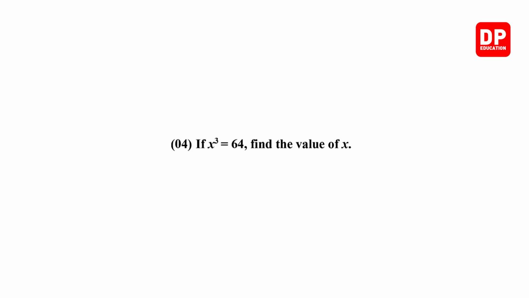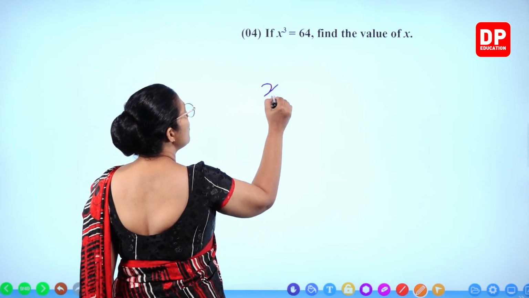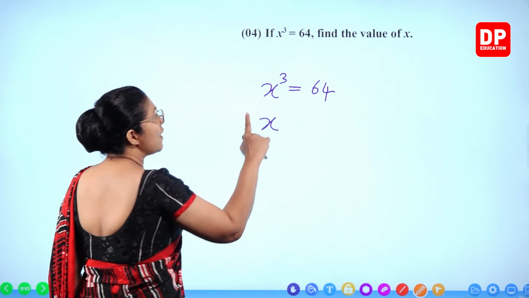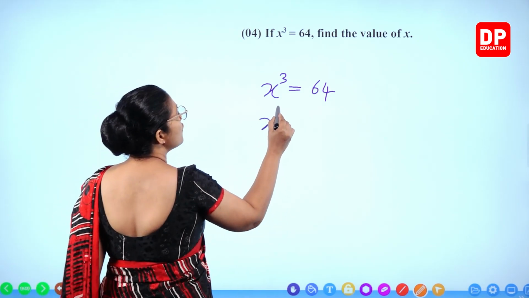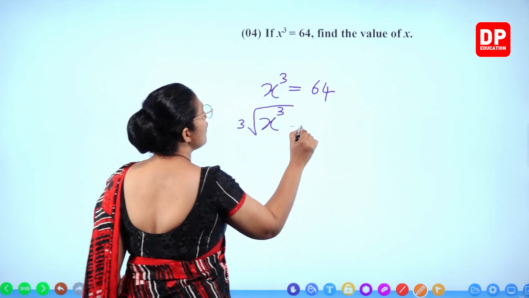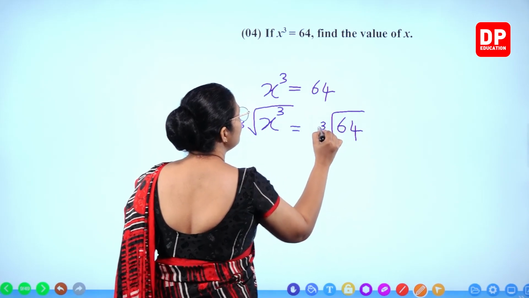Question number 4. If x cube is 64, find the value of x. To find x, you have to take the cube root. So take the cube root of 64 to find x.